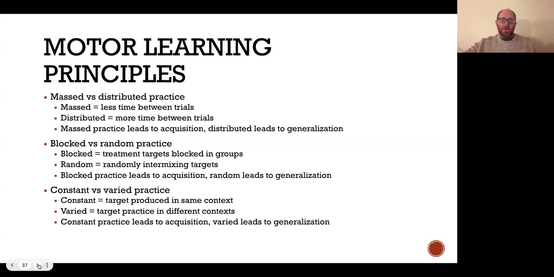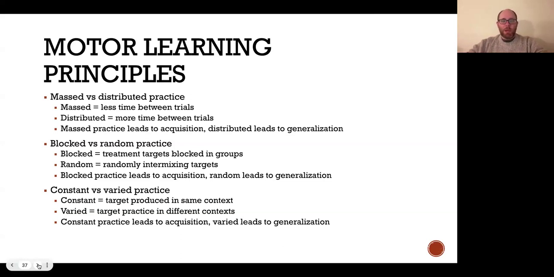You're going to have more time between the trials too. So it could be, you have 10 words, and then let's do 1, 2, take a 30-second little break, boom, boom, done, keep going. Massed practice leads to better acquisition of the skill, and distributed practice leads to more generalization of the skill.